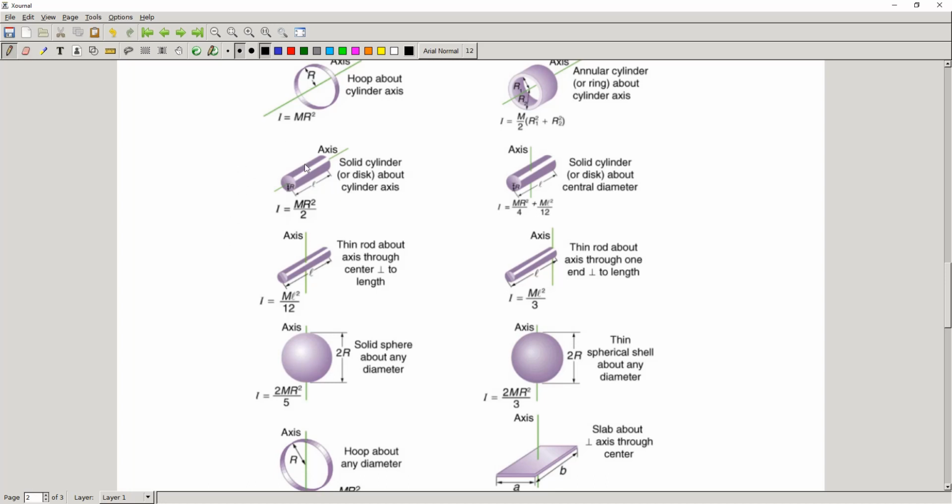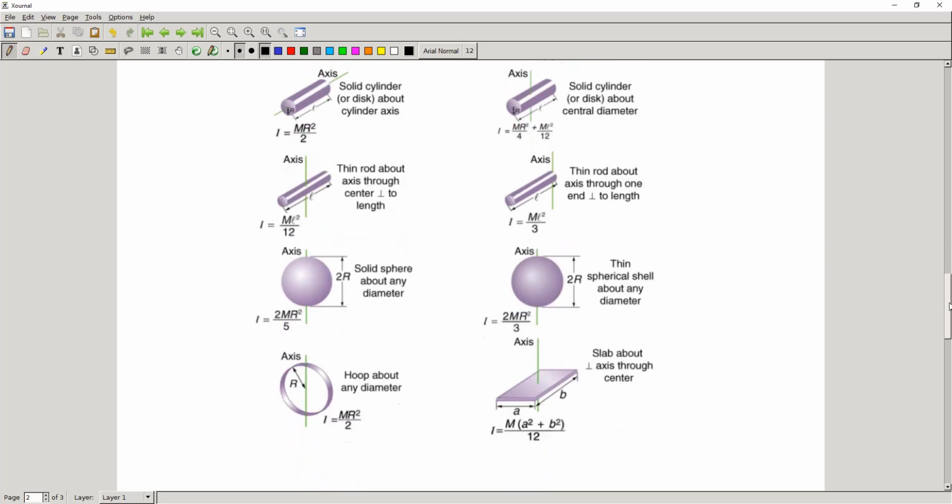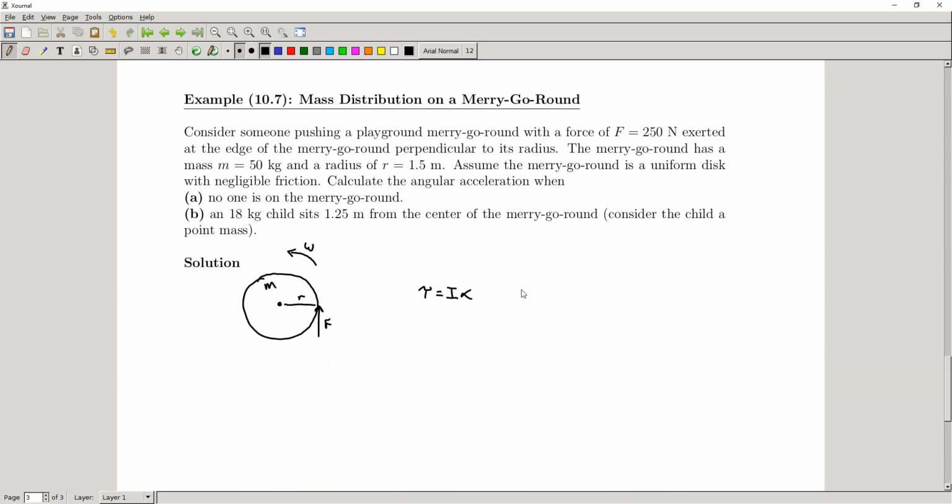Let's now apply that. With no additional mass sitting on the merry-go-round, which we will add in part B, we know that I is equal to 1/2 M r squared.